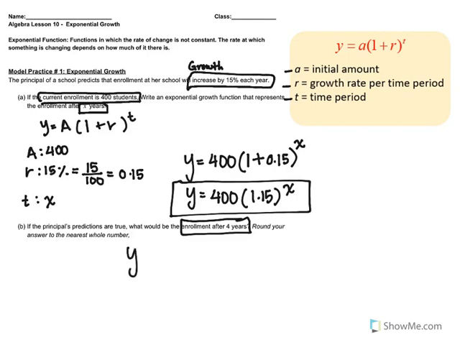So I have y equals 400, again my initial amount, parentheses 1.15 to the x, and now in that x, since x is my time, and now I know how much time has passed, I can replace it with a 4. So I have y equals 400 parentheses 1.15 to the 4th power.